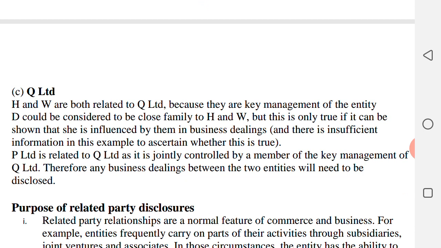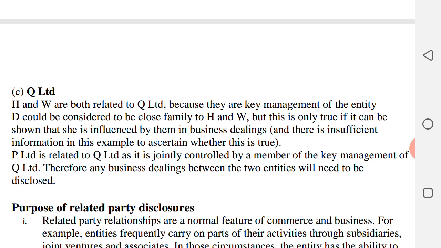Now, as I said before, not all children or not all spouses are related. Some children cannot influence their father in any decision of the father, so that child is not a related party to the father in business transactions.